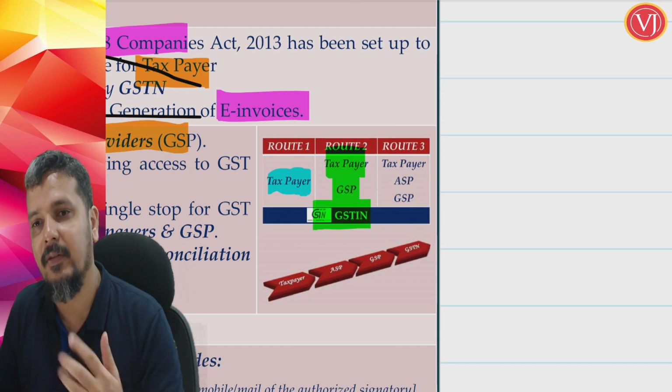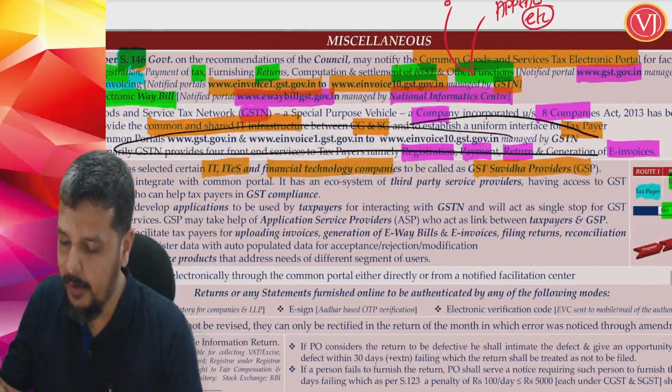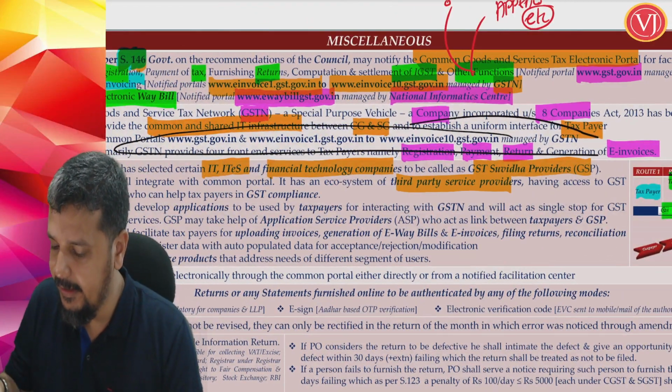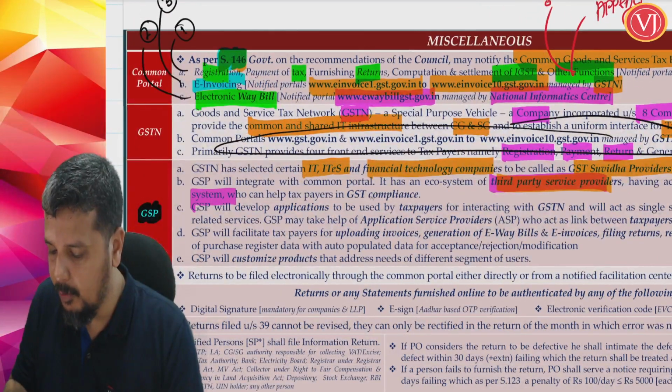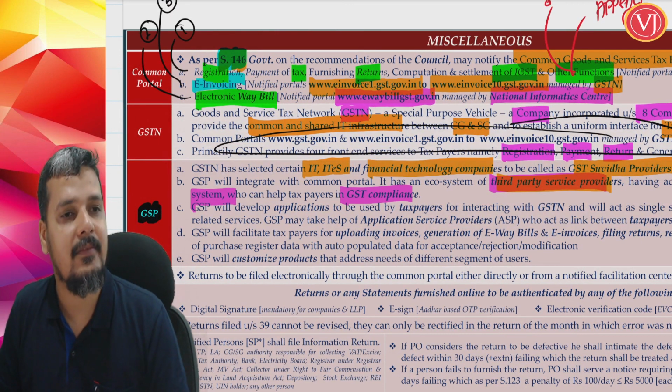So that was the birth of the GST Suvidha Provider, so that you are allowing a third party service provider to talk to the GST portal, who can make the compliance work of the assessee easy, isn't it?